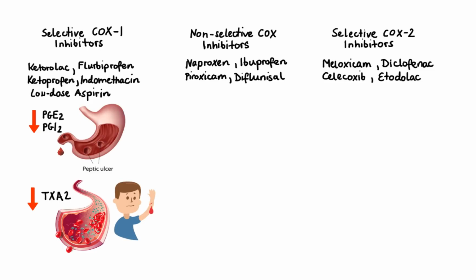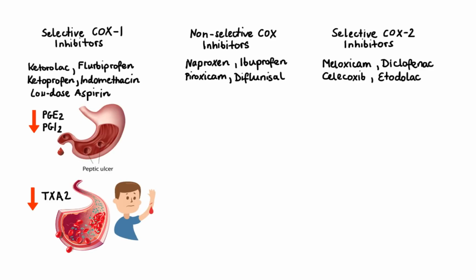Moreover, because platelets don't have a nucleus, they can't make new enzyme, so aspirin-induced antiplatelet effect persists even after aspirin therapy is stopped, as it takes several days for the new platelets to replace the old ones.